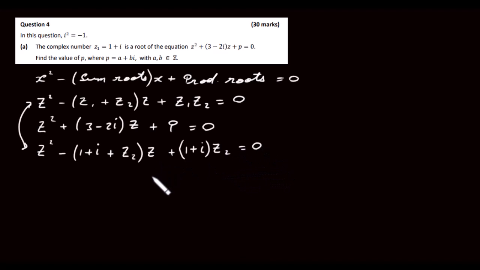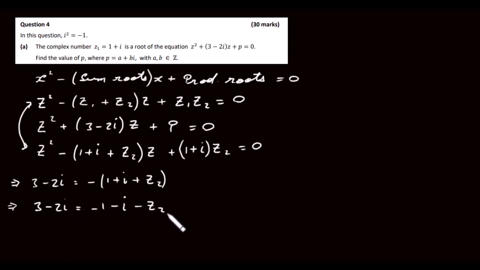So let's see if we can find z2 first. We can equate these here anyway. So in other words, we can say 3 minus 2i is going to be equal to minus 1 plus i plus z2. So that will give me 3 minus 2i is equal to minus 1 minus i minus z2.